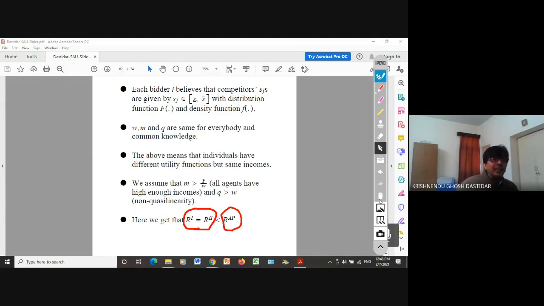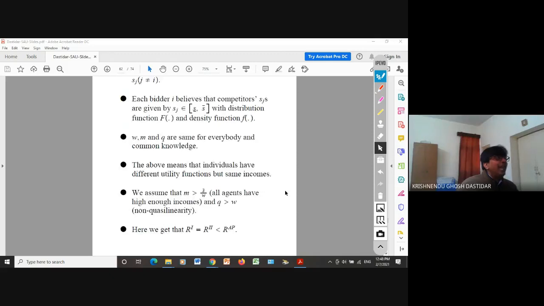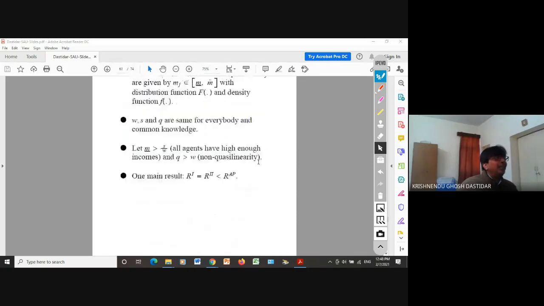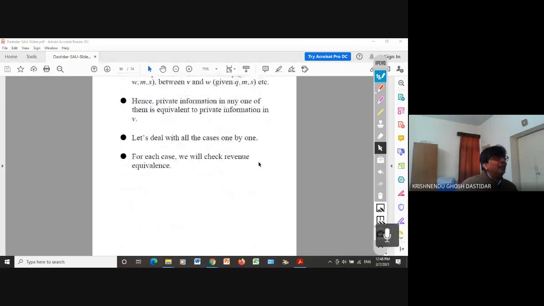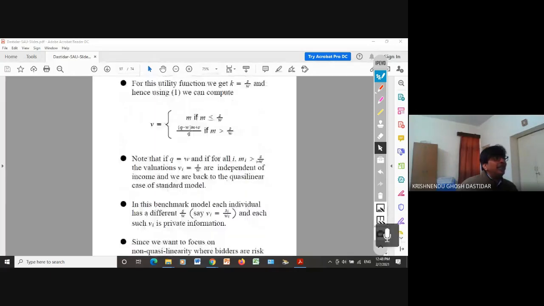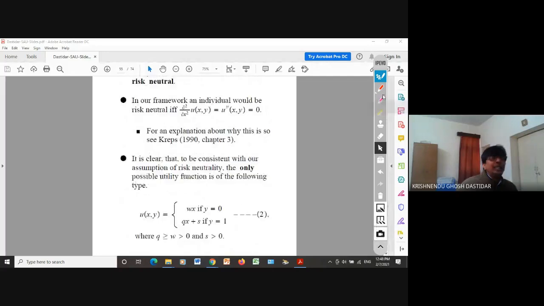So whether income is private information or S, that part, is private information, it doesn't matter. First price and second price auctions give you the same revenue, but all-pay auctions give you a strictly higher revenue. If S, see U01 is equal to S, is private information, then the results are similar to the case where income is private information.